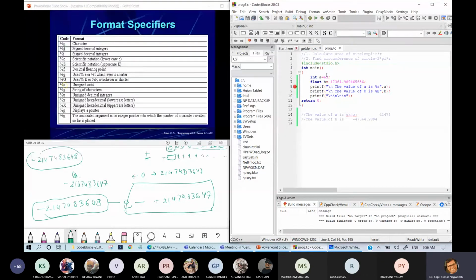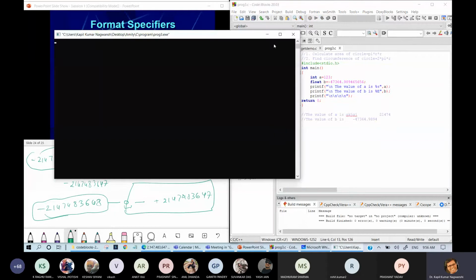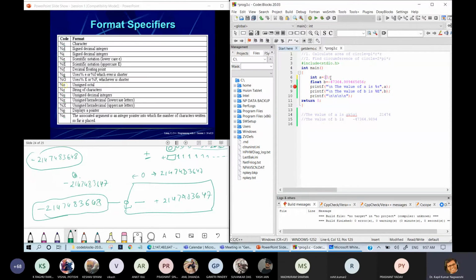The equivalent ASCII character of 63 is nothing. Let me write some other number, 123. Again it is a blank space. Percent S is for strings actually. Percent C we need to write.